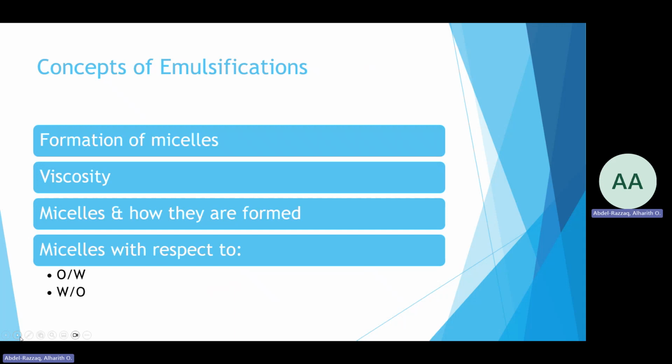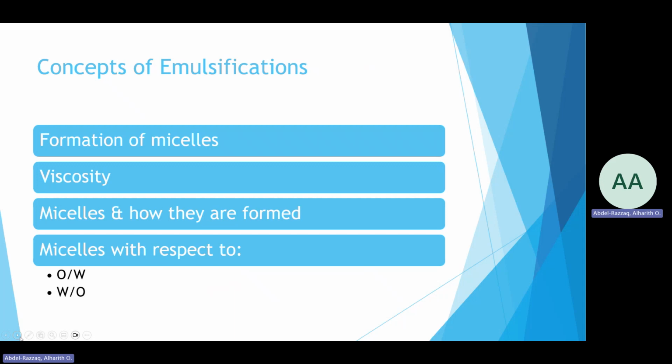We talk about micelles and how they're formed. The emulsifier is going to line up as a monolayer at the interface between the oil and water, and each micelle is going to have a polar head group towards the aqueous phase and a non-polar head group towards the lipid phase. The addition of mechanical energy will result in the formation of these micelles.